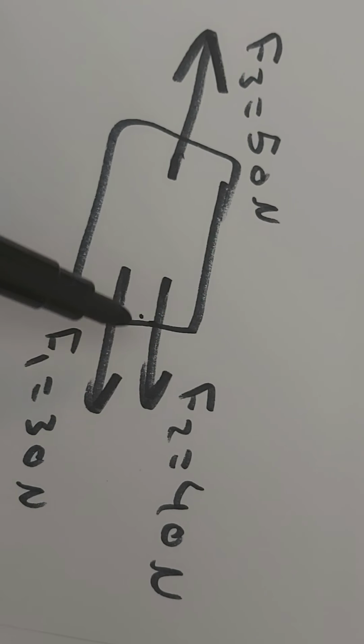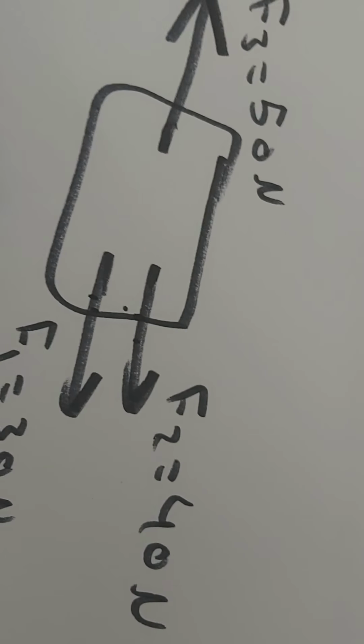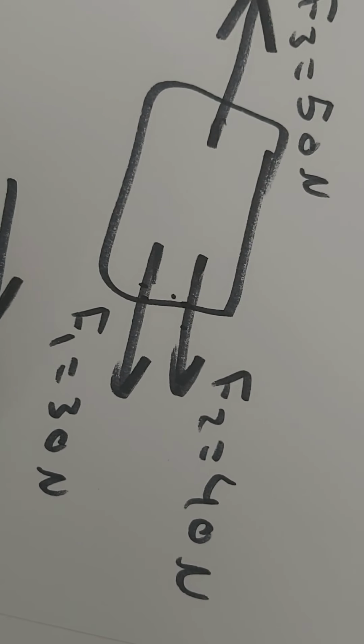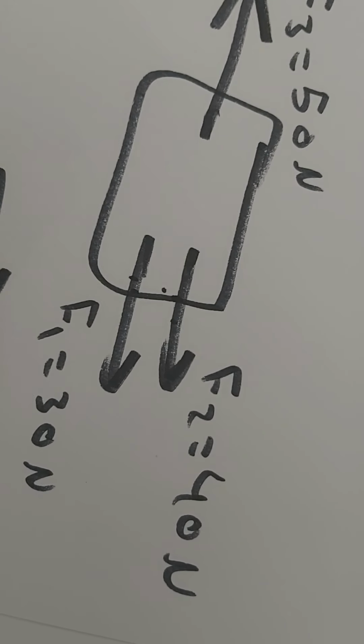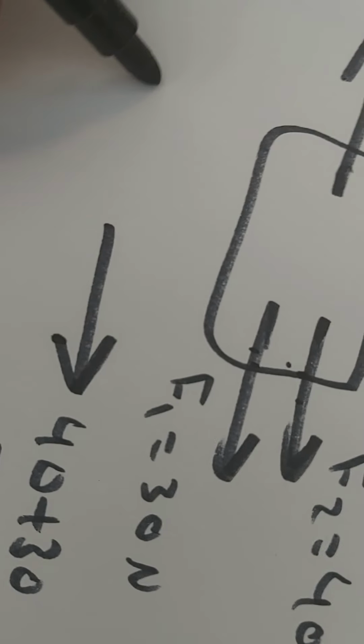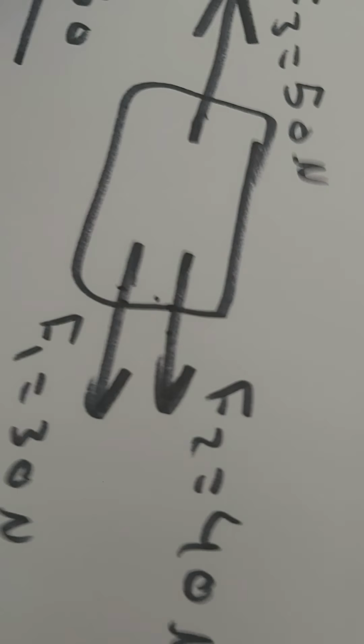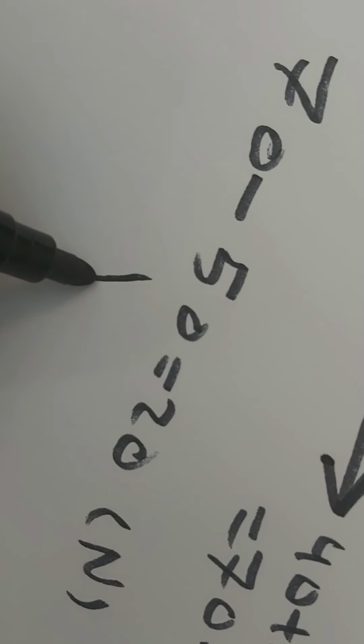We know this force and this force are in the same direction, so you have to add them: 40 plus 30 equals 70 Newton. And the second force is 50. So now we have to subtract: 70 minus 50 equals 20. 20 toward the right, so this is F net. So F net will be here.